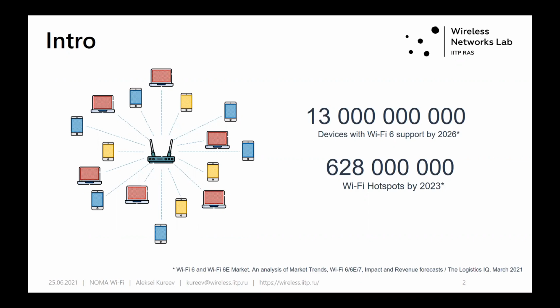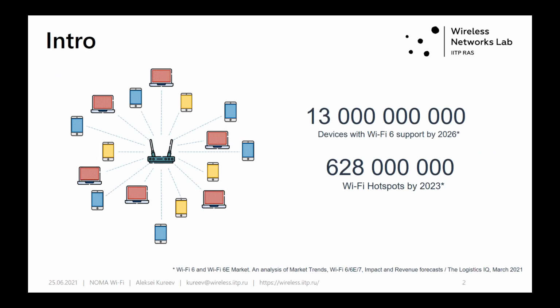By 2026, the number of devices with Wi-Fi 6 support will increase to 13 billion, and there might be 828 million Wi-Fi hotspots by 2023. So that's why this topic and the application in Wi-Fi networks are quite important.